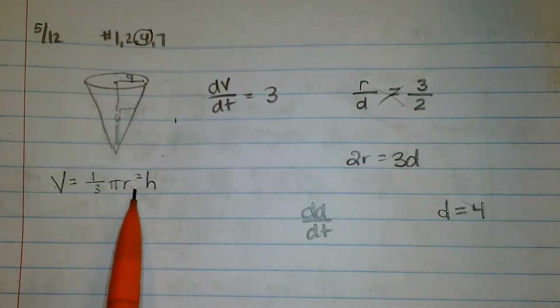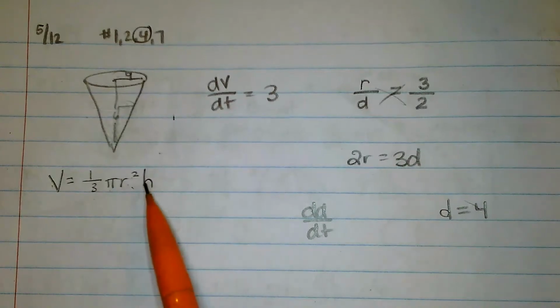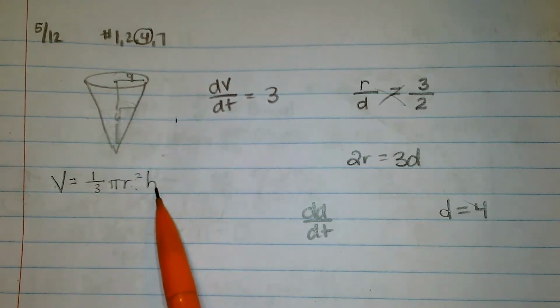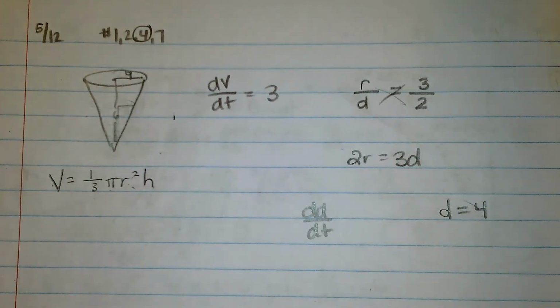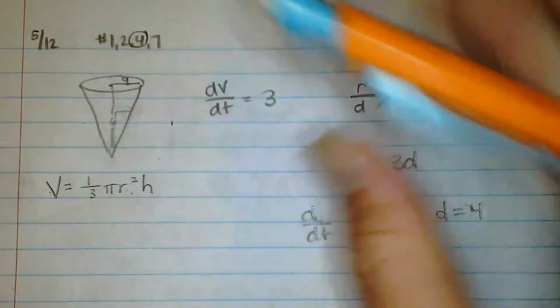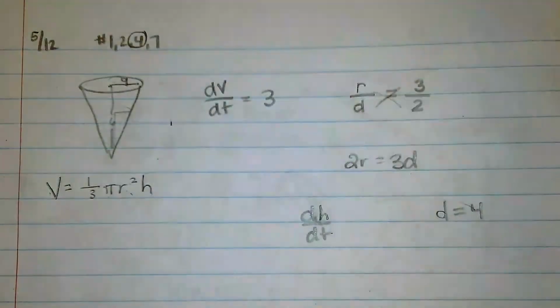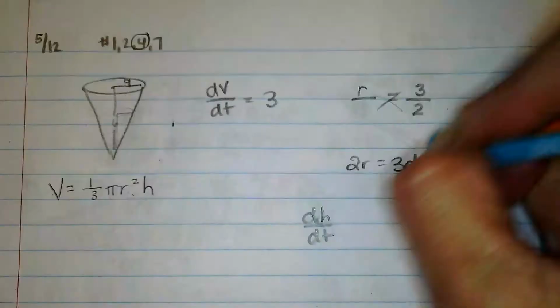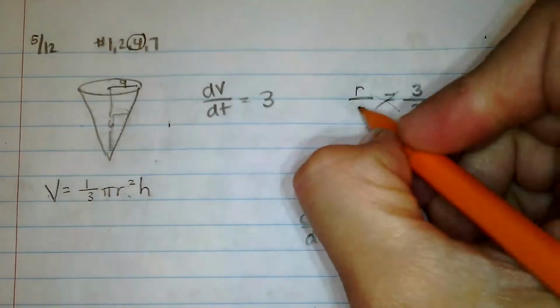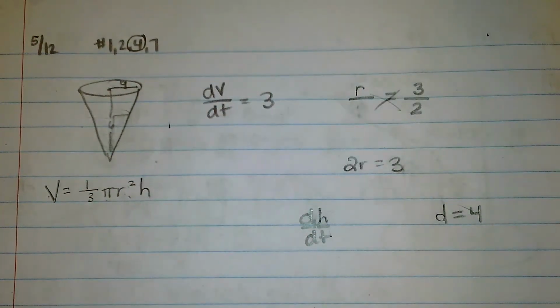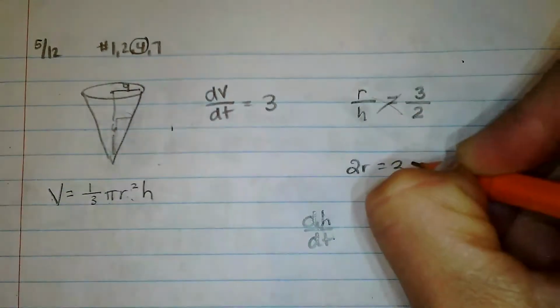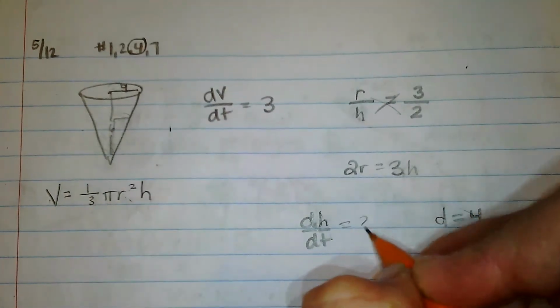We would need a dr/dt, or we don't actually need it because what we're looking for is dh/dt. I'm going to go back and call all these h's in hindsight, because that's what we call the height in the volume formula. Okay, so this is what we're after.